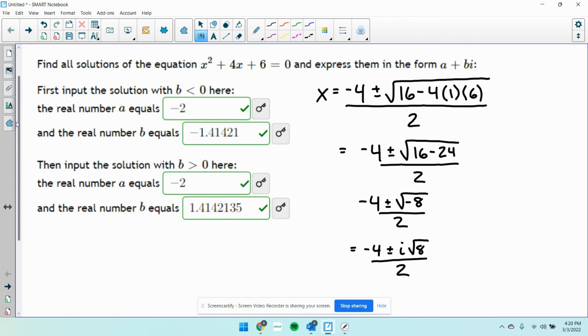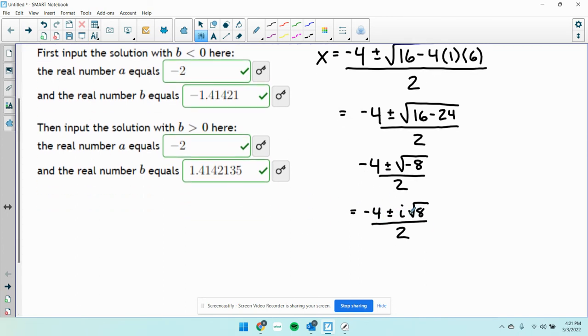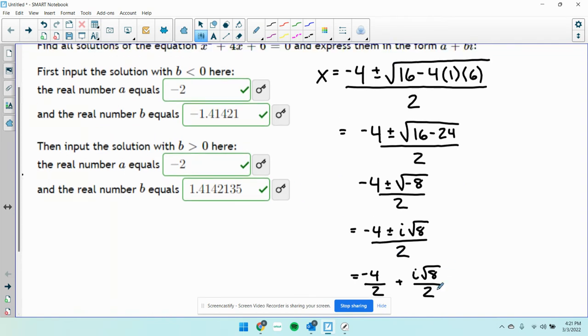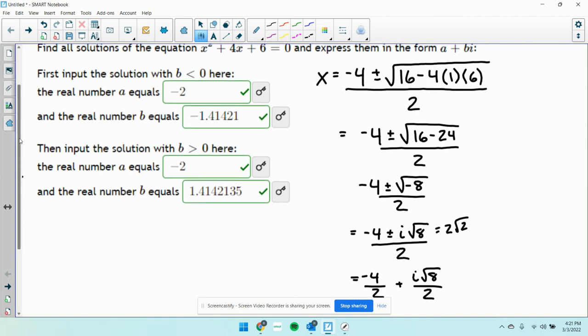Okay, so if I split this up, it's going to be negative 4 over 2 plus or minus i root 8 over 2. You could rewrite this. Root 8 is the same thing as 2 root 2, but it doesn't matter because we're just going to input the decimal anyway.